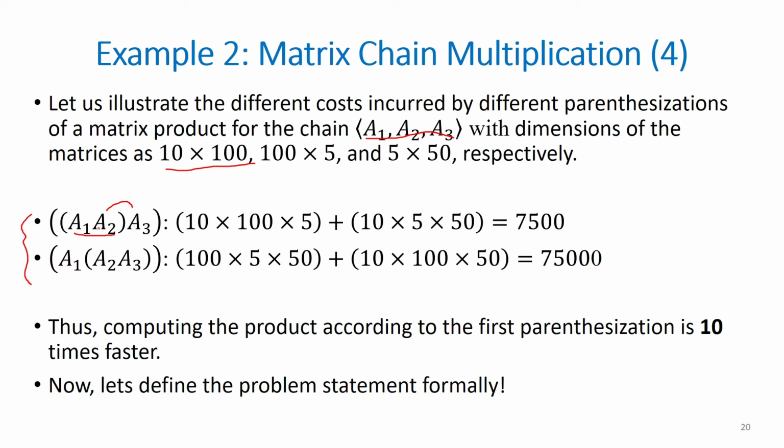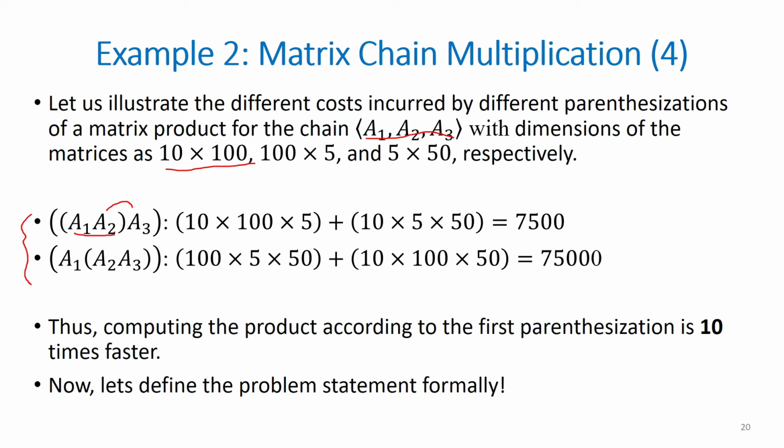Since A1 is multiplied to A2, we will have 10 times 100 times 5 scalar multiplications here. The result of this product is some matrix of dimension 10 times 5, which when multiplied with A3 results in 10 times 5 times 50.